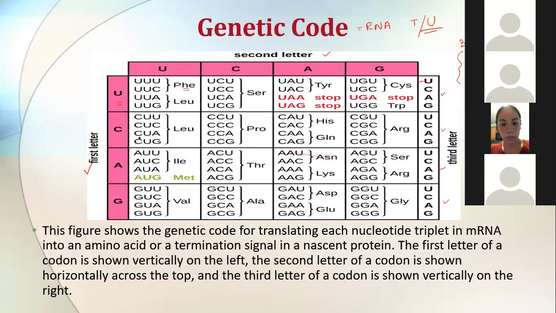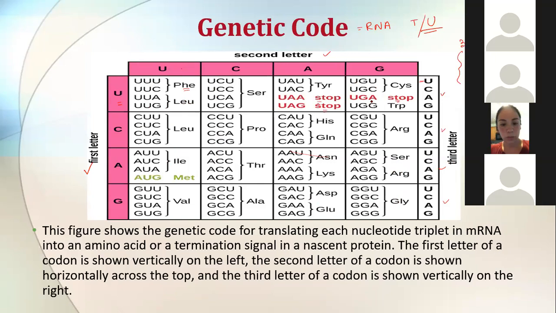You can see that. Out of 64 codons, there are 61 codons that have a specific assigned amino acid. There are 3 codons that do not have any meaning, and they are called stop codons.